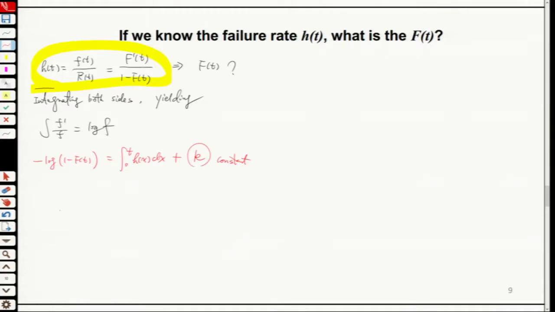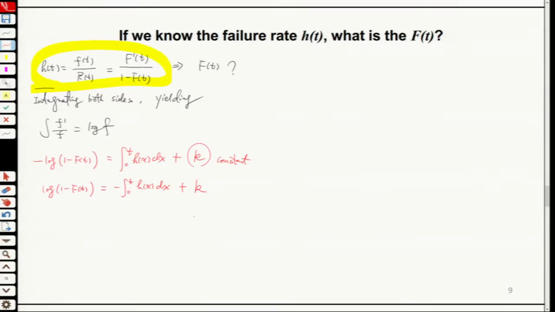So in this case, log(1 minus F(t)) is actually equal to minus the integral from 0 to t of h(x) dx plus k. Someone says, oh, it must be minus k, right?